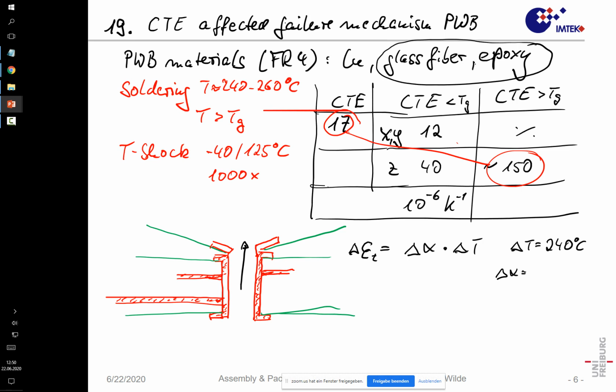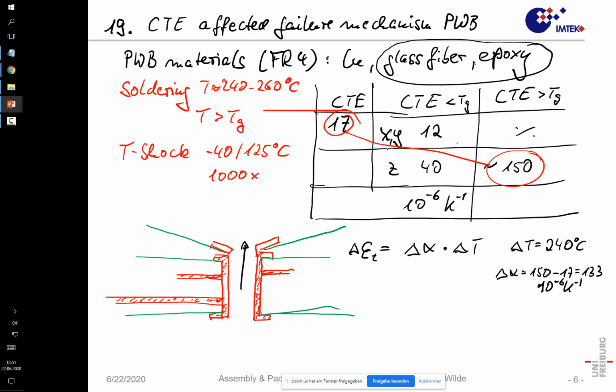Yes, it's 150 minus 17, is 133 times 10 to the power of minus 6 per Kelvin.